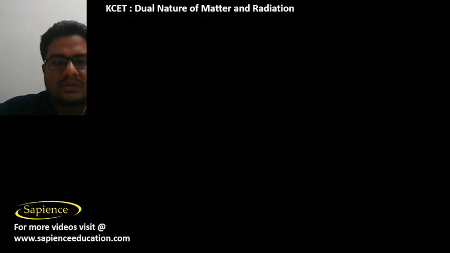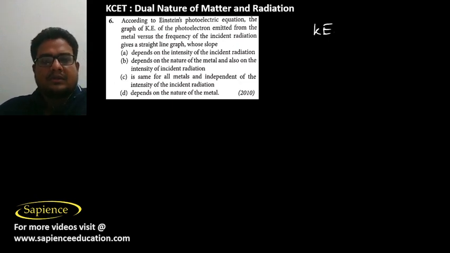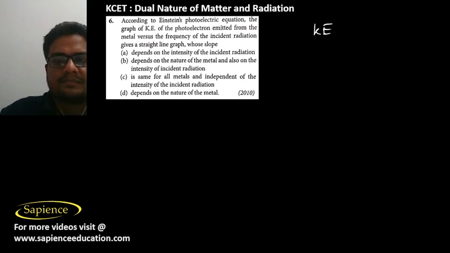Question number 6 says that according to Einstein's photoelectric equation, the graph of kinetic energy of the photoelectron emitted from the metal versus the frequency of the incident radiation. So we know that kinetic energy is equal to h nu minus the work function phi naught.